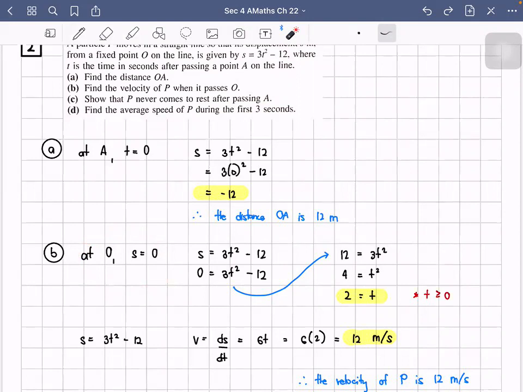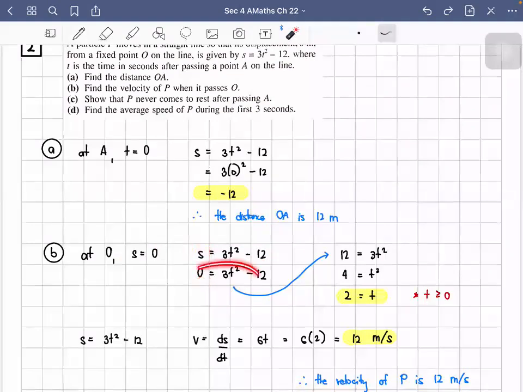We cannot solve velocity without the time. So passing at O, the origin, displacement is 0. Therefore, using your displacement function, s is equal to 0.